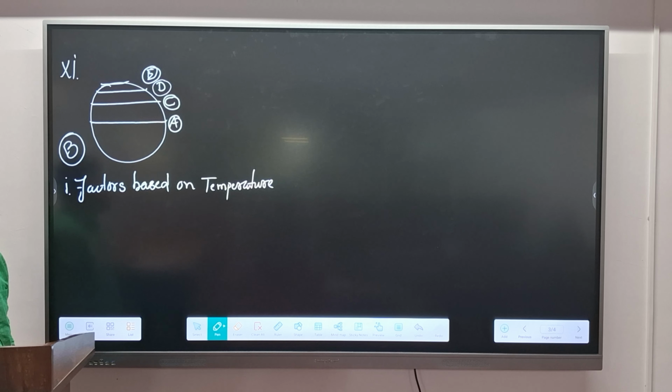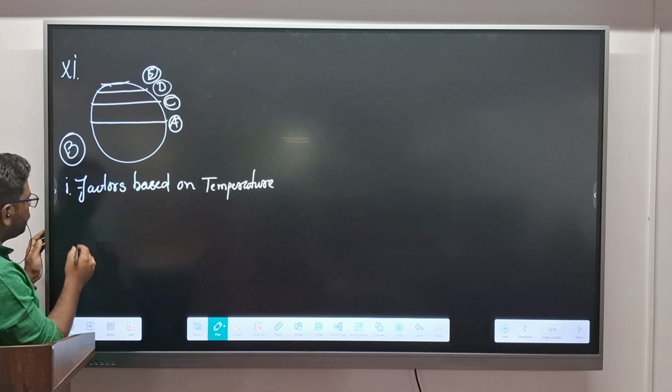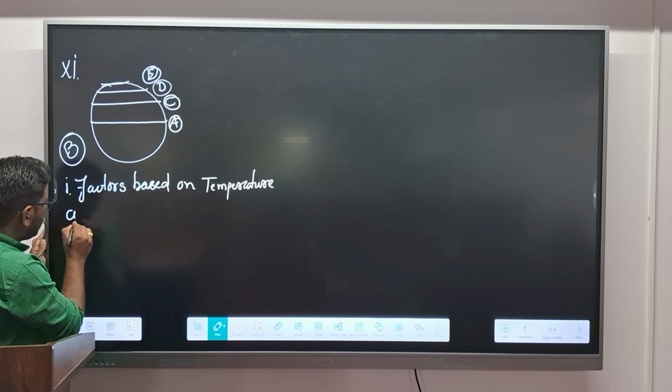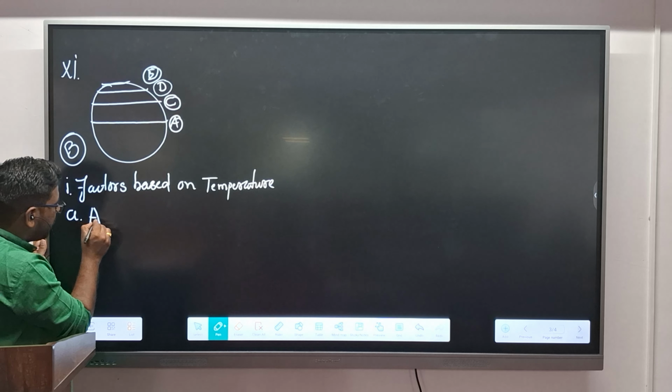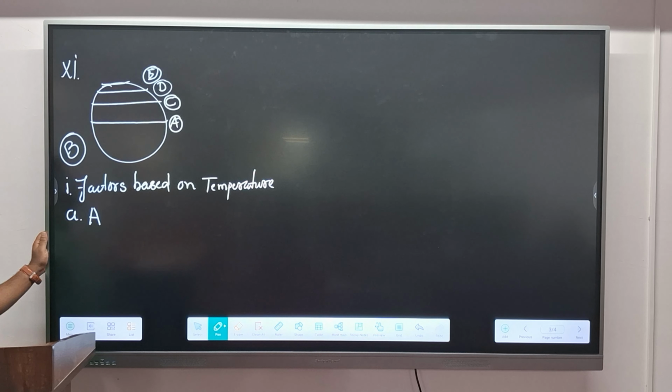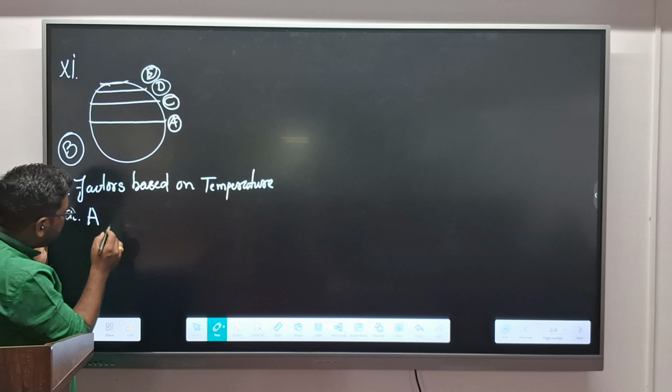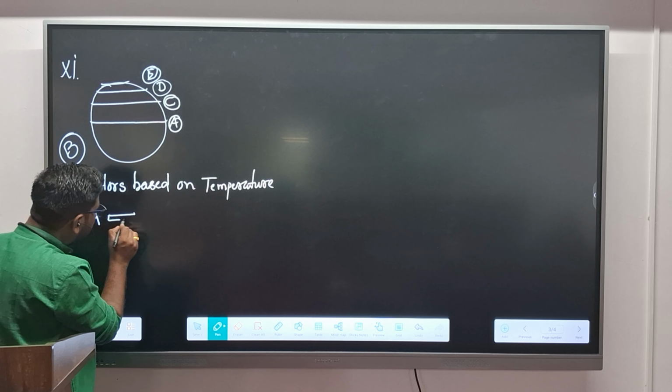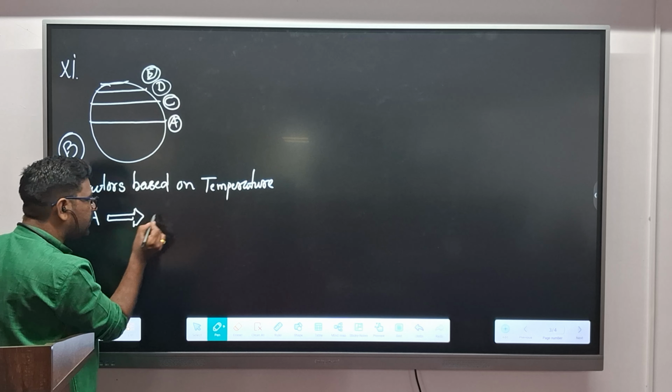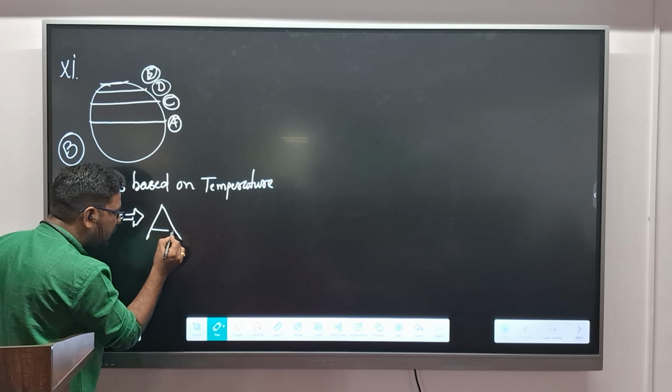Okay, temperature. Suppose I am writing capital A. What does capital A actually indicate?